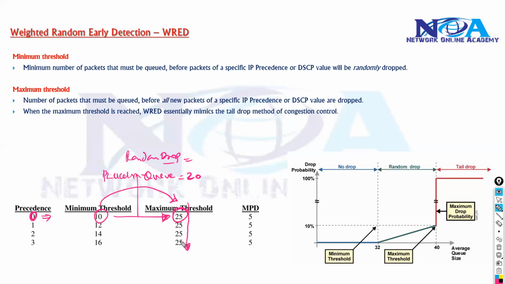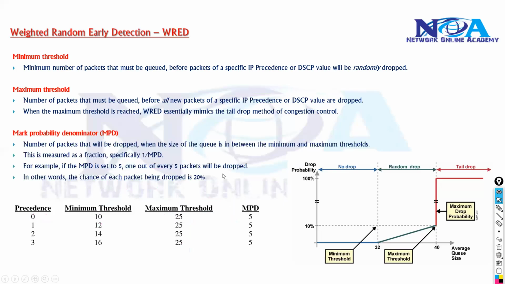Here 25 is just a number, we can change that. Anything in this range, it will do random drop based on the marking. It's going to check the precedence value and the DSCP values. In the case of DSCP values, we have a drop probability bit, which can be a deciding factor for which packets will be dropped. Once it reaches 25, it will do tail drop, because once it exceeds this limit, it does tail drop from here onwards.